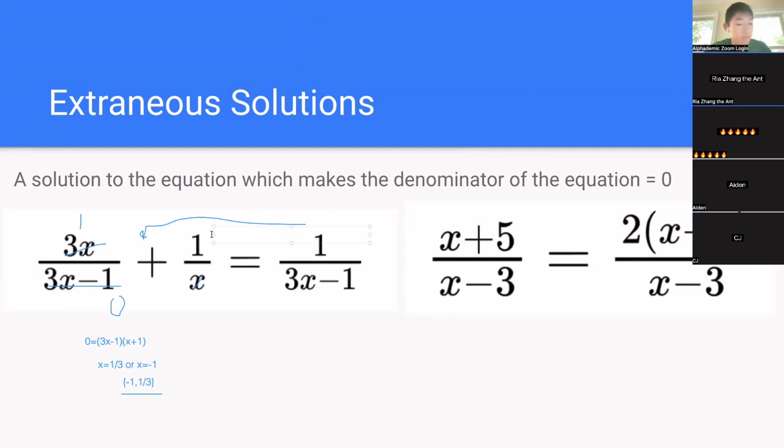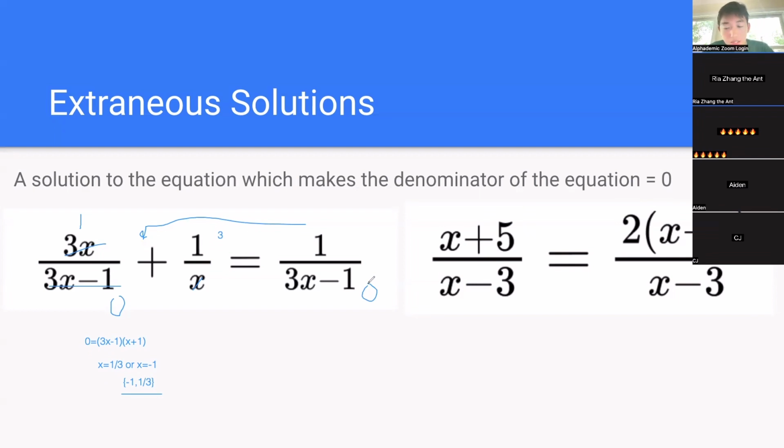So the middle would be 3, and this side would also become, the bottom would be 0. And as we know, 1 over 0 is not, you can't do that. A fraction cannot be divided by 0.